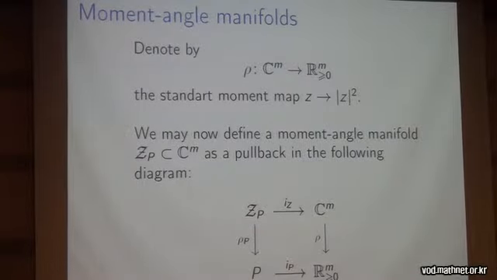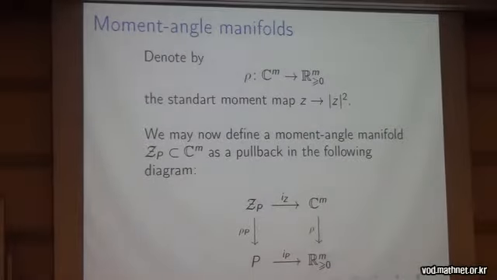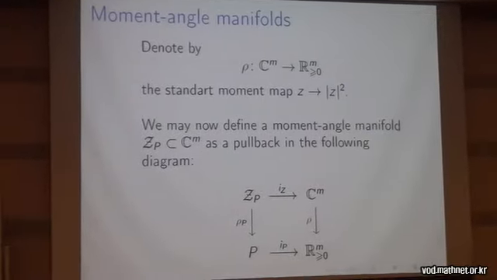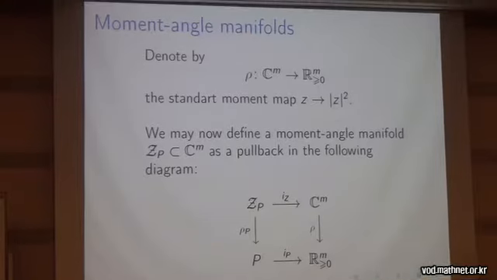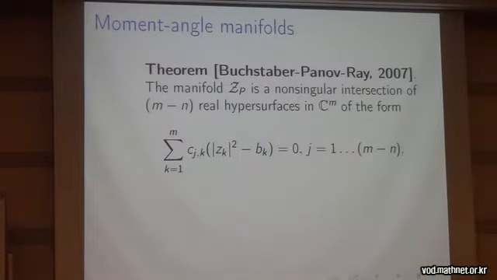And clearly this is a compact set, since ρ is a proper map. But what more can we say about Z_P? Well, there is a theorem of Buchstaber, Panov, and Andrei that Z_P is in fact a manifold, an intersection of the following quadratic equations, hypersurfaces.